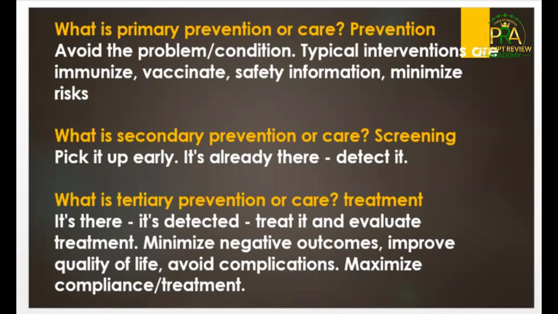But whatever you are going to do, you are doing something to improve their quality of life. You want to avoid further complications. You want to maximize compliance. So whatever you are doing to make sure that the person's life is improved, or you want to treat, or reduce negative outcome, that is your tertiary prevention.